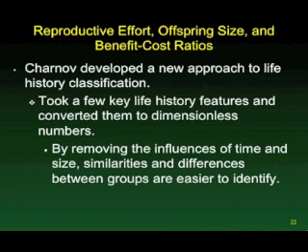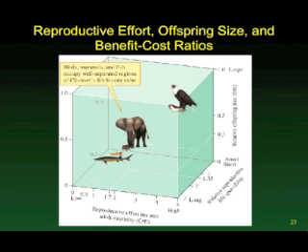It takes the relative reproductive effort over the whole adult lifespan and compares that to the relative offspring size and the reproduction over the lifespan, and removes the dimensions associated with that, and then you can see these animals arranged in different places in this life history cube.